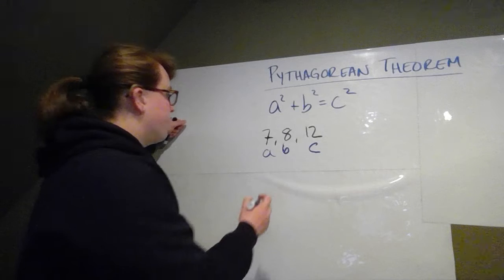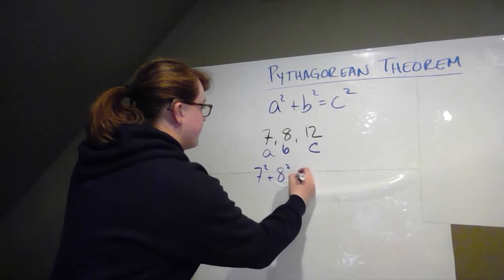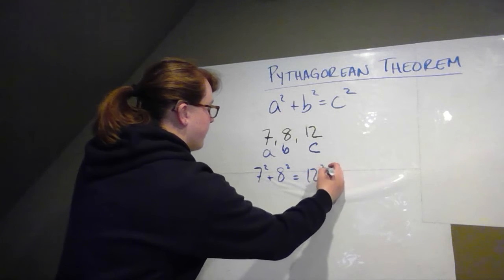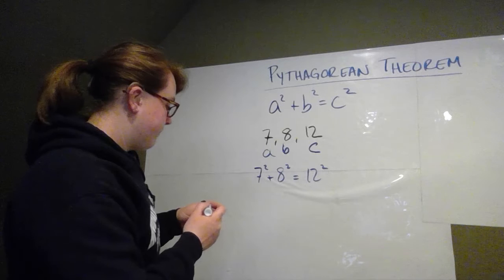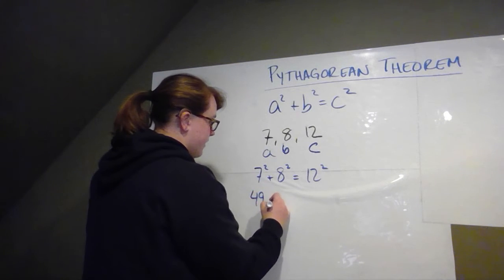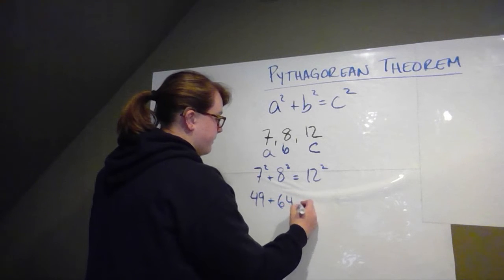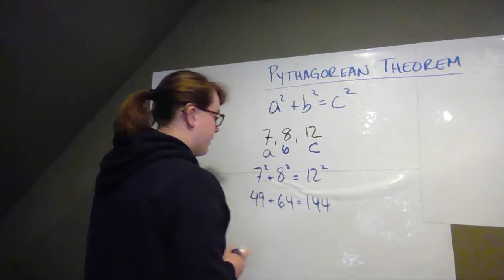Okay, so we're going to go 7 squared plus 8 squared equals 12 squared, and we're going to see if this works out, if those are actually equal. So 7 squared is 49, 8 squared is 64, 12 squared is 144.